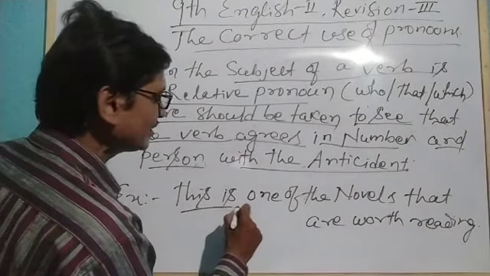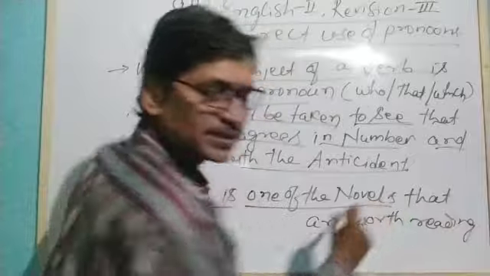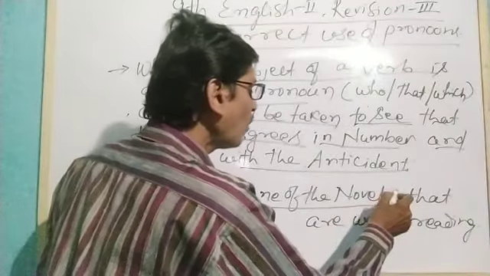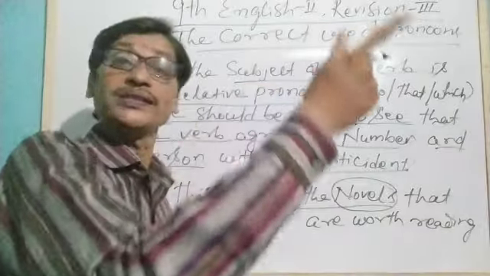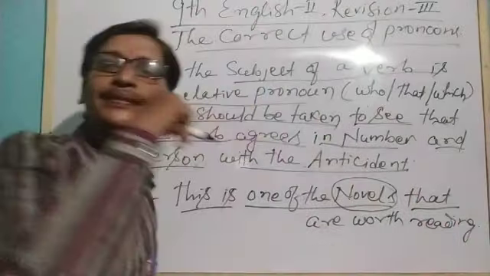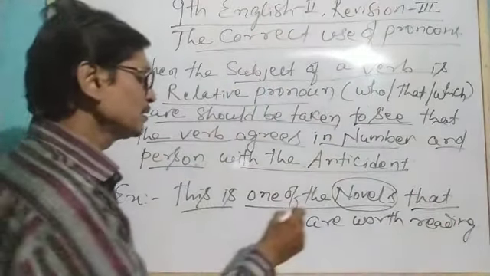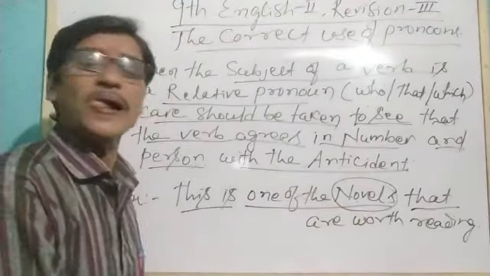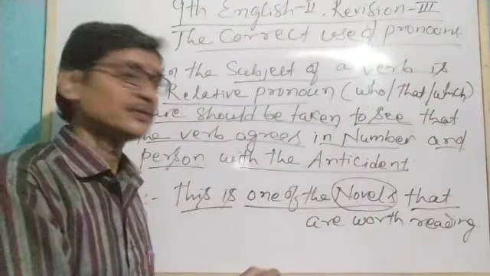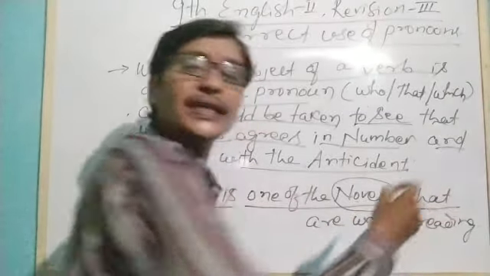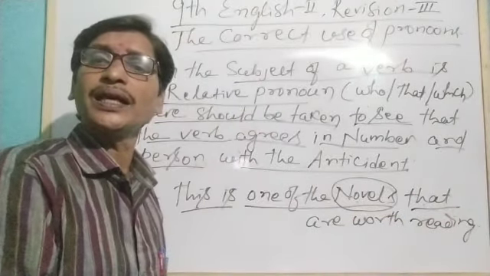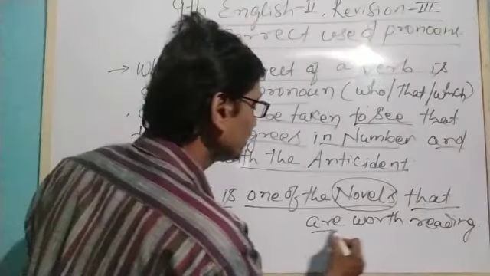This is one of the novels. Here, one of the novels. Then that. See, here novels, after this noun, that is there. That is functioning as a subject of this verb.